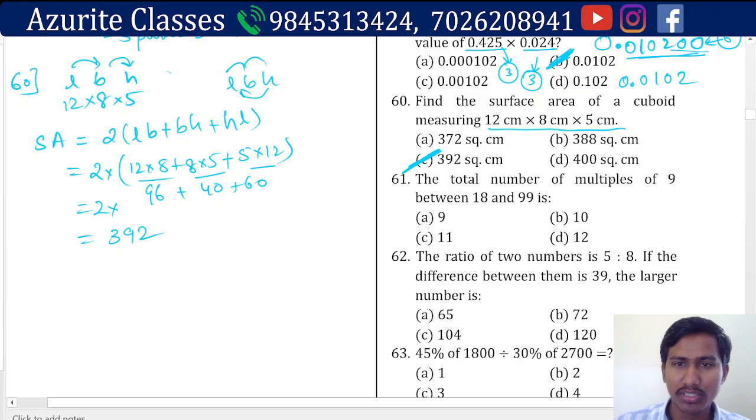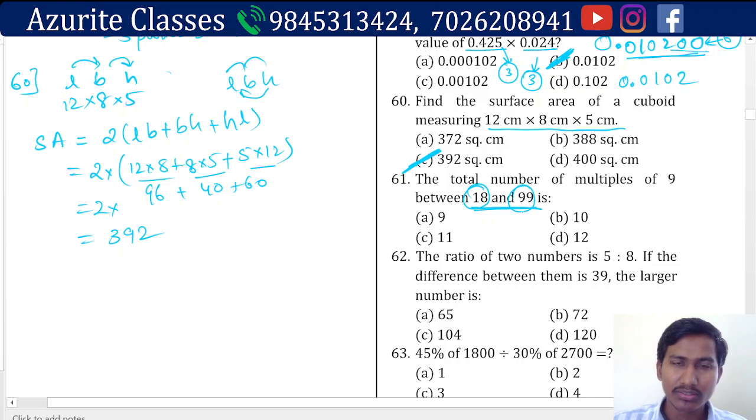Now 61, the total number of multiples of 9 between 18 and 99. Here between, we have to consider 18 also, 19 also, 99 also.